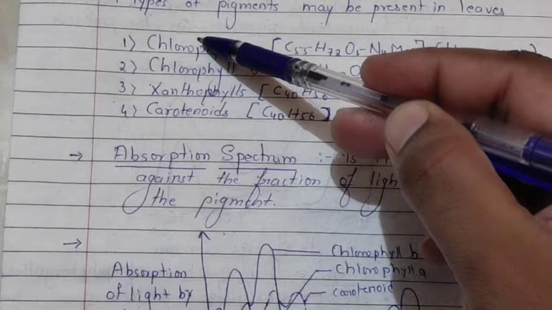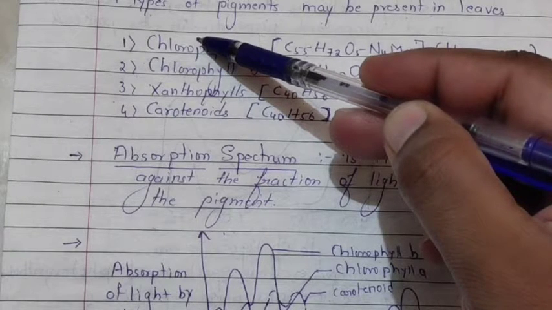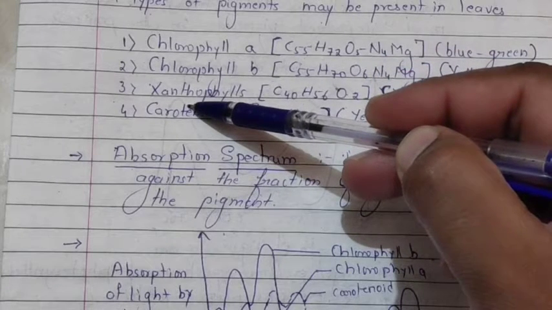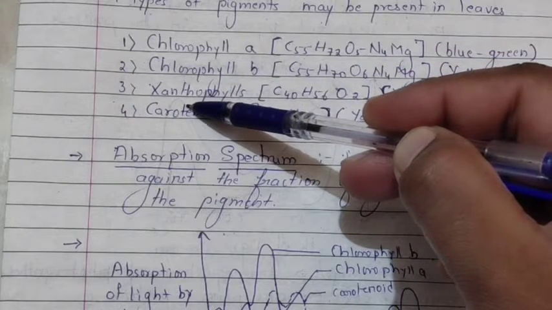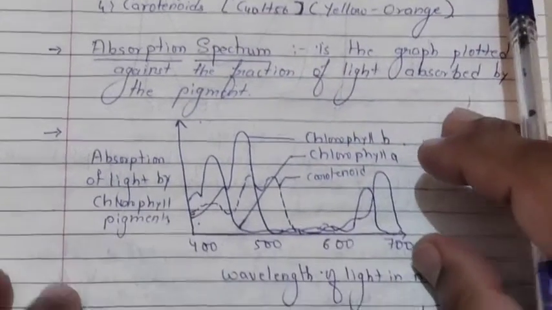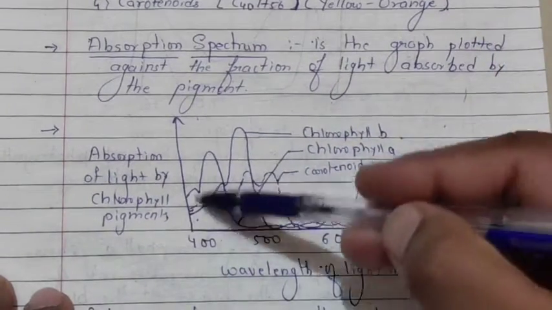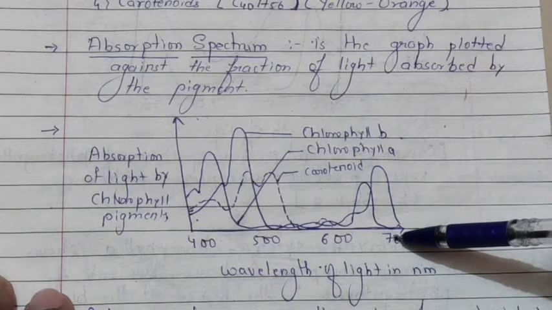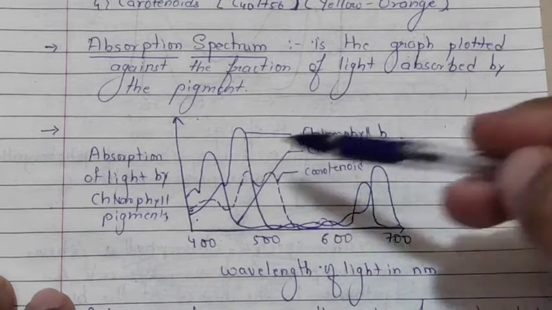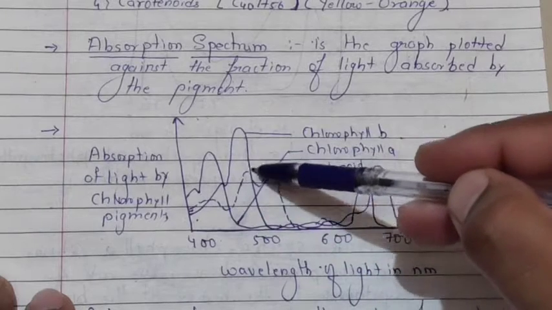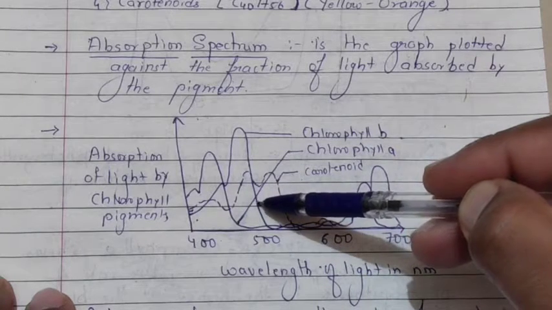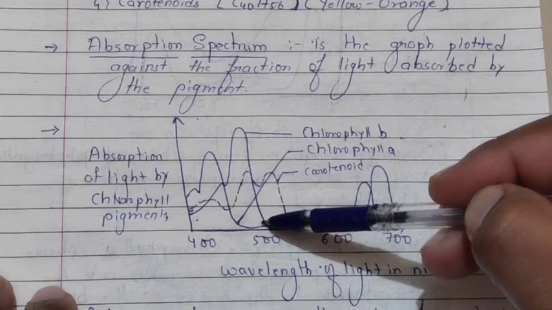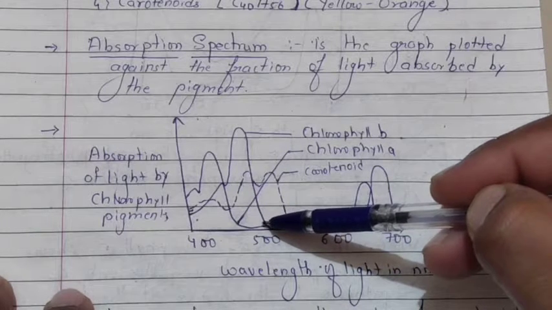To absorb the light. So different pigments absorb light at a different wavelength. If you plot a graph you will see different peaks at different wavelengths. So this peak is showing the absorption of a particular wavelength or color by the pigments.